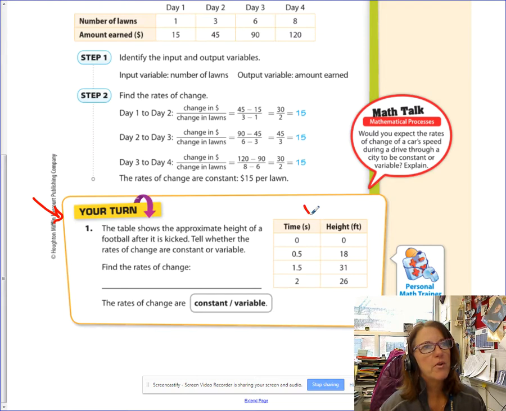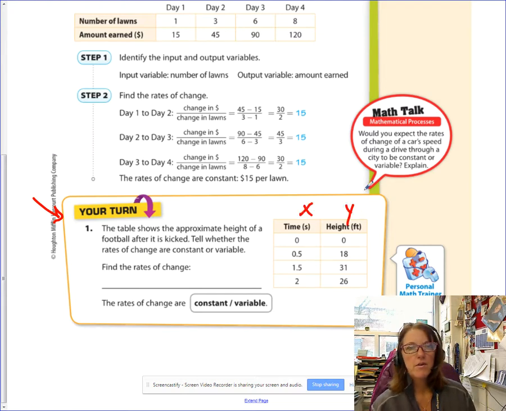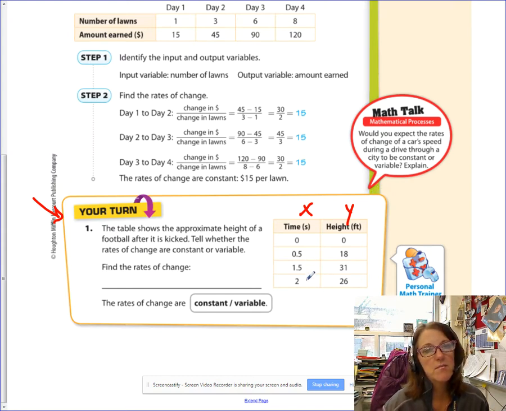Ooh, notice they're putting your table in a vertical format this way rather than horizontally. Same difference. Time is going to be your independent variable on the x-axis. Y is going to be the height. So here it says find the rates of change. So first we've got to go from 0 to 0.5, and 0 to 18 feet.